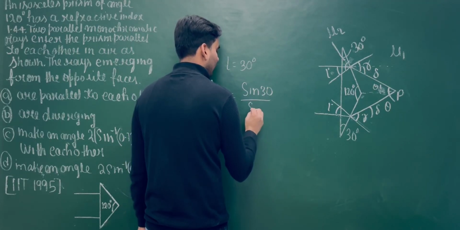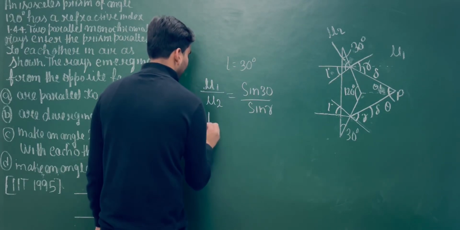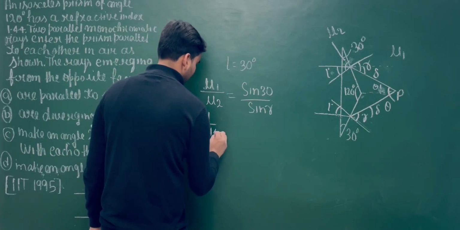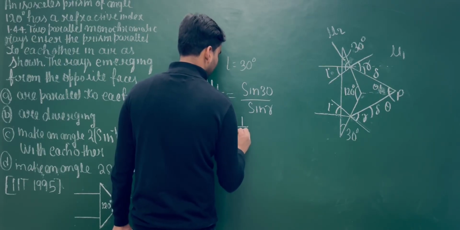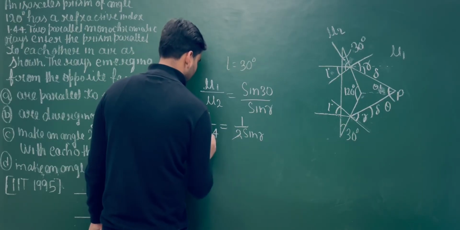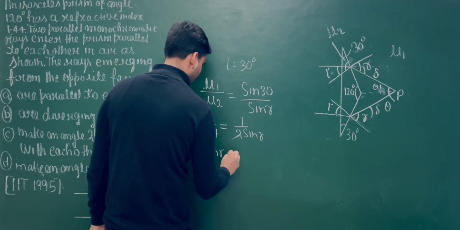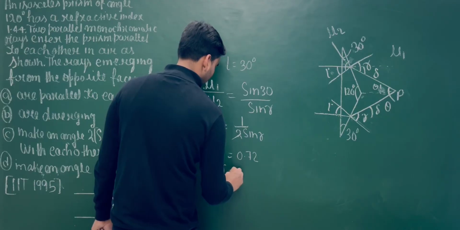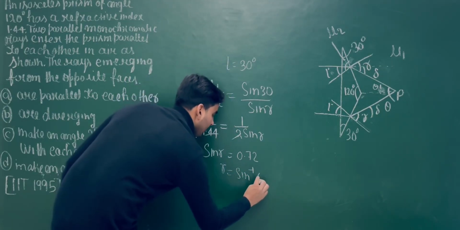Mu1 is 1 and mu2 is given to us as 1.44. So 1.44 equals sin 30 upon sin R. Sin 30 is 1 upon 2. Sin R equals 0.72, or R equals sine inverse 0.72.